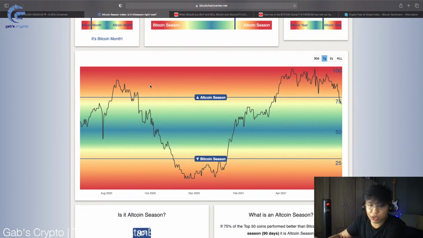Bleed means it will still pump, but the returns of altcoins are not as big as Bitcoin's.